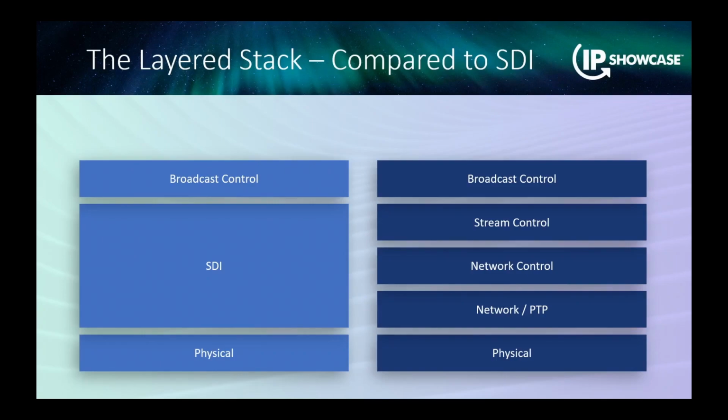And also you usually had some kind of control structure on top of it. And we just have a few more layers now, and that helps in troubleshooting because you have more layers where you can interact with the system and find where things go wrong and fix them yourself, instead of having to rely on your SDI router vendor fixing them for you if something goes wrong there.